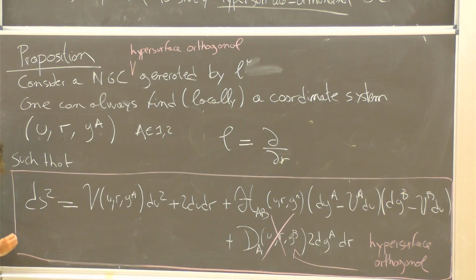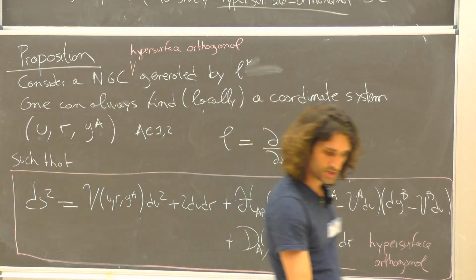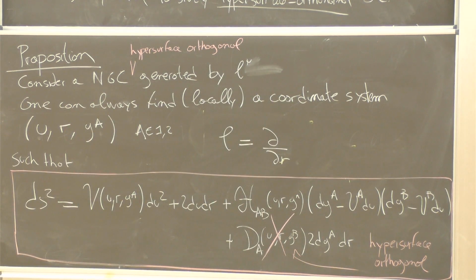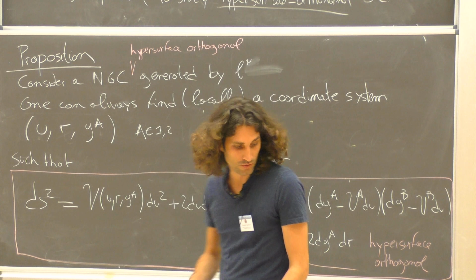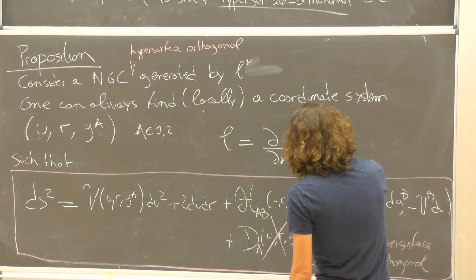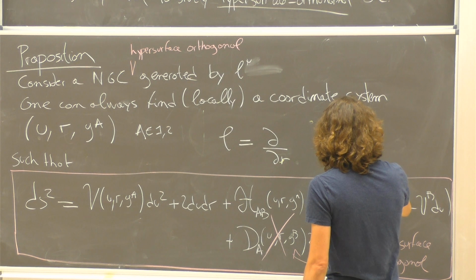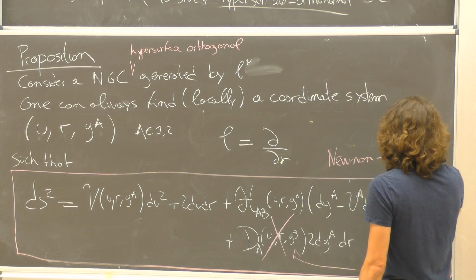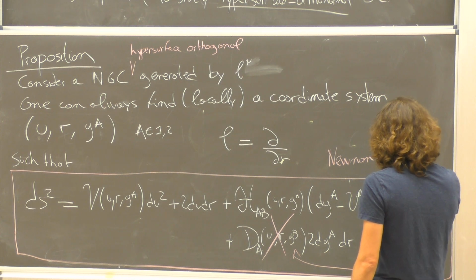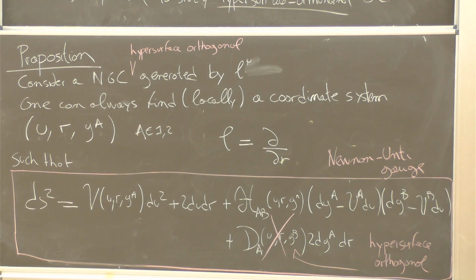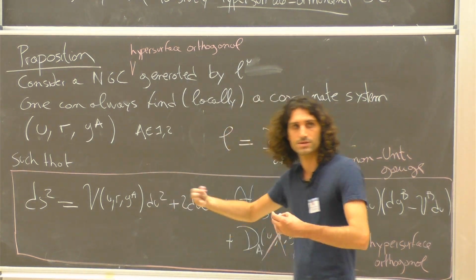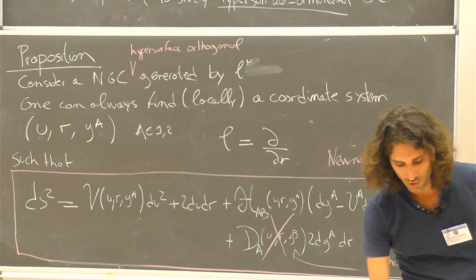If you know the BMS coordinate system, these are exactly coordinate systems of these types. These are typically called Newman-Unti gauge. So anytime you see this type of coordinate system, what is behind it is that you've chosen a null geodesic congruence going through your spacetime.